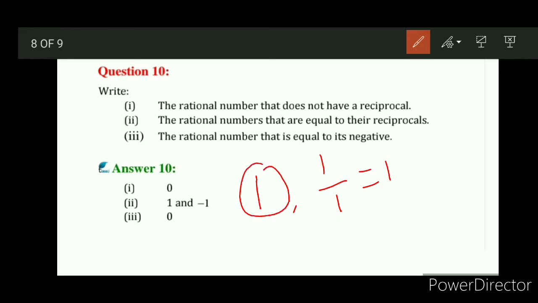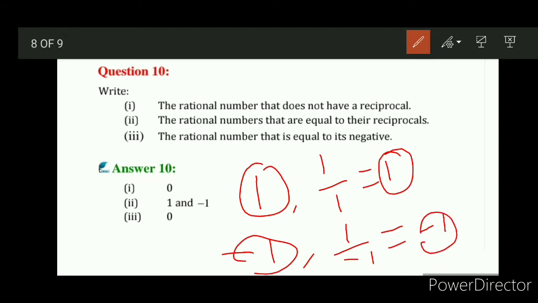Therefore, this number is equal to this number, the same reciprocal. Okay, next minus 1. Minus 1's reciprocal is 1 by minus 1. We can write it as minus 1. So, the number and its reciprocal both are the same. Therefore, the numbers which have equal reciprocals are 1 and minus 1.